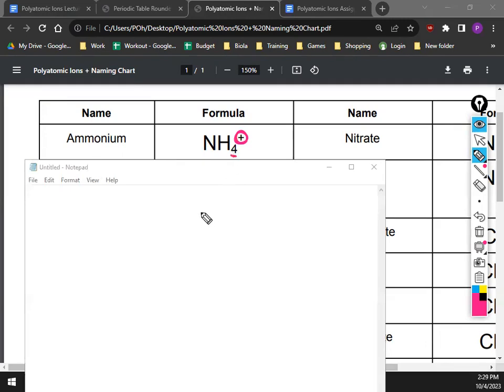This 4 is just telling you that if you have a nitrogen and 4 hydrogens connected to it, this whole thing wants to be +1. That's what the 4 means. It's just telling you that it's made up of 4 hydrogens. The positive and negative charge has nothing to do with the 4.